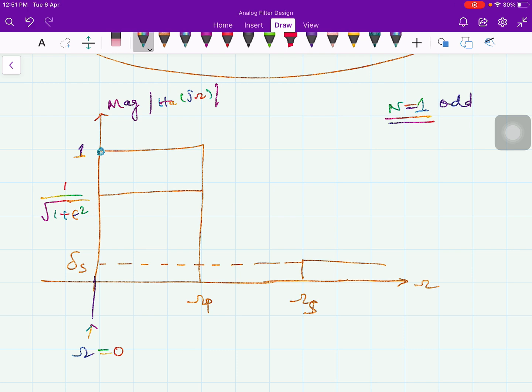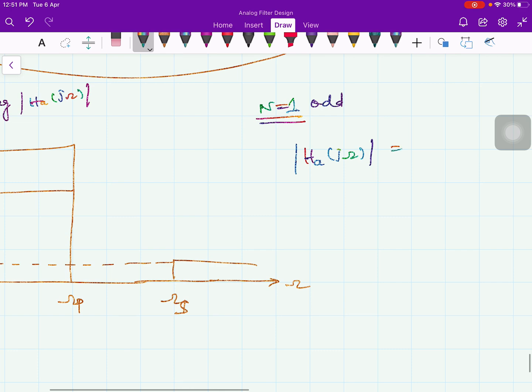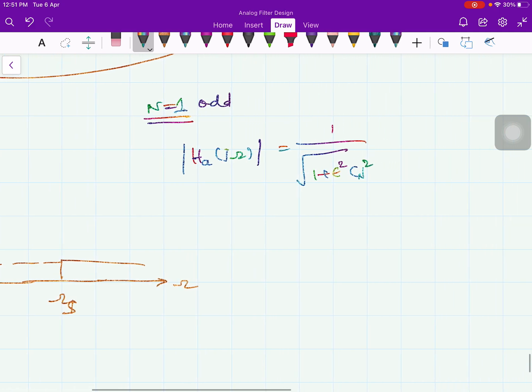So let me write down the function here. HA of j omega magnitude is 1 divided by square root of 1 plus epsilon squared Cn squared of omega by omega p, right?